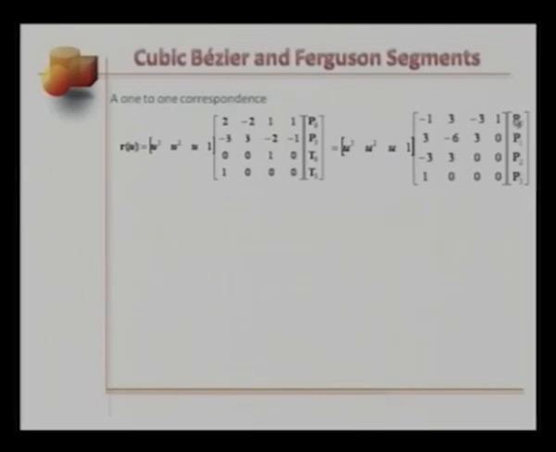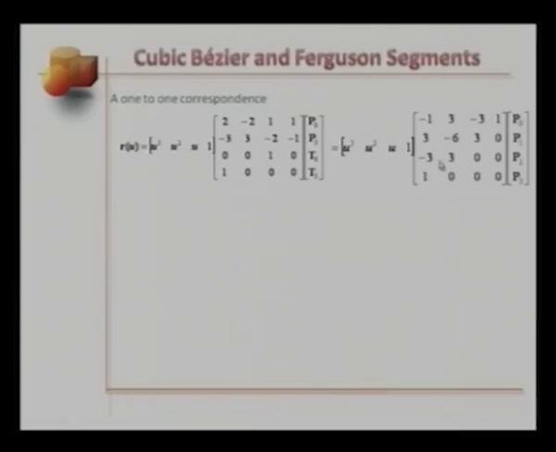Recall that these are Cartesian coordinates in Euclidean space. So each P will have the coordinates x, y, and z, and accordingly those coordinates are going to be placed column-wise.